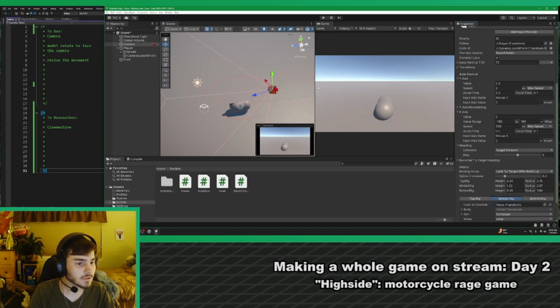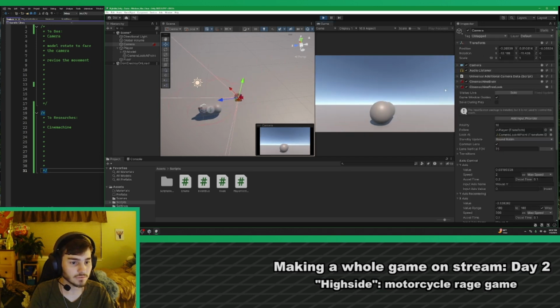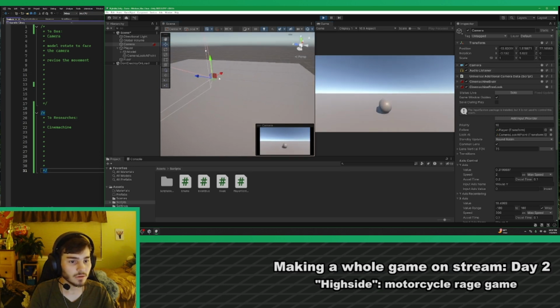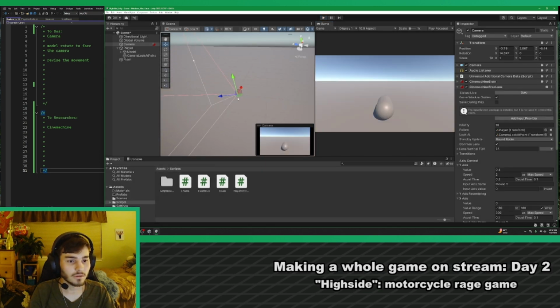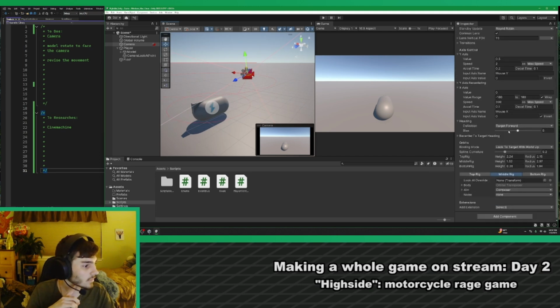Let's lock to target with roll up. Okay. This seems proper. Okay. Lock to target with roll up.